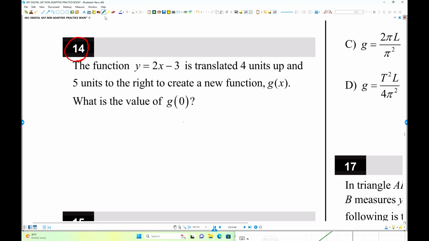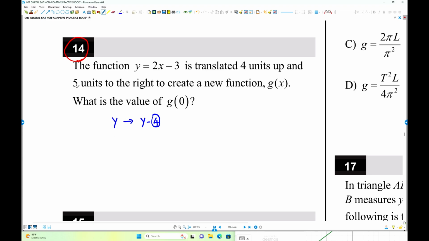Replace y with y minus 4, right? That is positive 4 units up. Negative is down: when you have y plus 4, that is 4 units down. So 4 units up is replacing y with y minus 4.